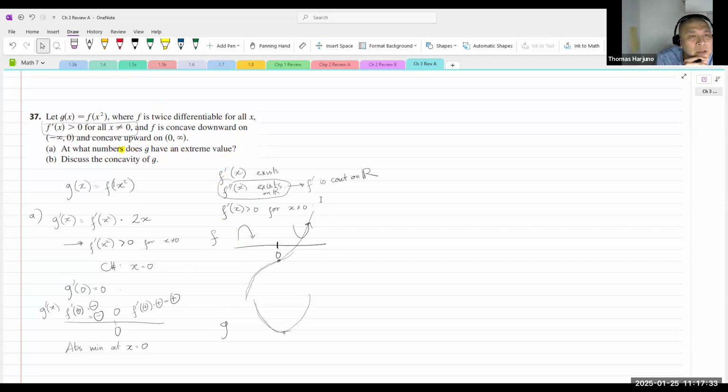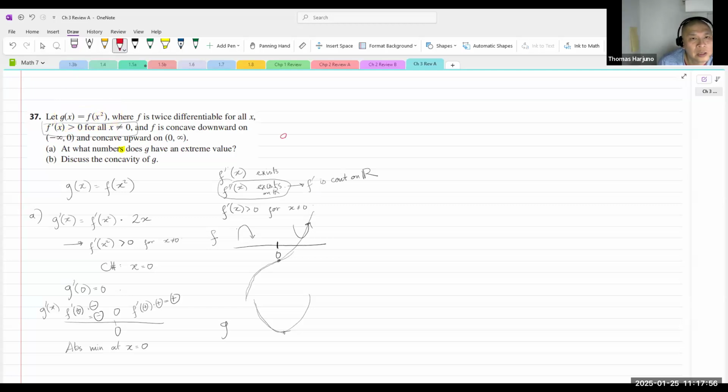The thing is, what happened here is it basically makes g of x an even function. Let me show you.